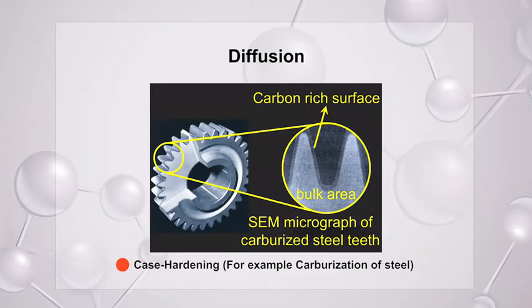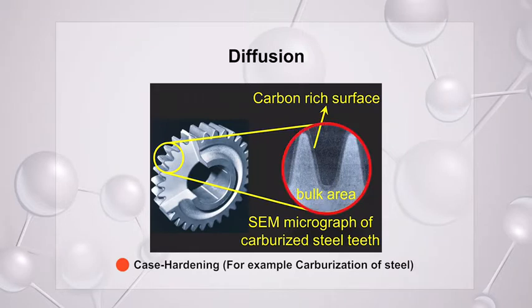A common example of case hardening is carburization of steel. During controlled heat treatment, carbon from the surrounding atmosphere diffuses selectively through the surface and makes steel harder. The picture on this page is of a steel component that has been case hardened.